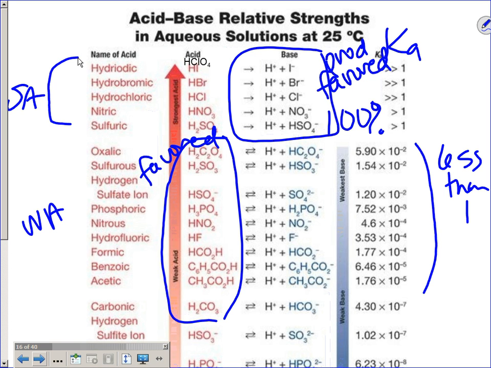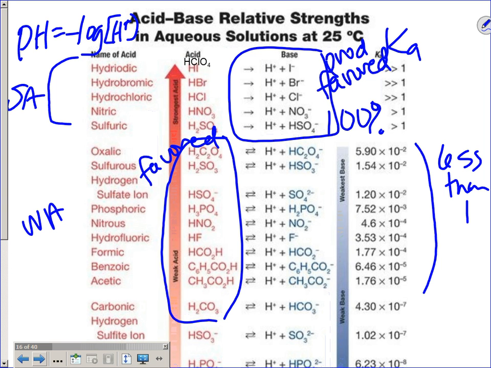Yeah? What makes it being 100% ionized? Like, why is it stronger? For example, when we calculate pH, the stronger acids always have a very, very low pH. Remember, acids are on the 0 side of things. So when I calculate pH, does anyone remember the pH formula? Negative log of the concentration of H+. Do you remember that now?